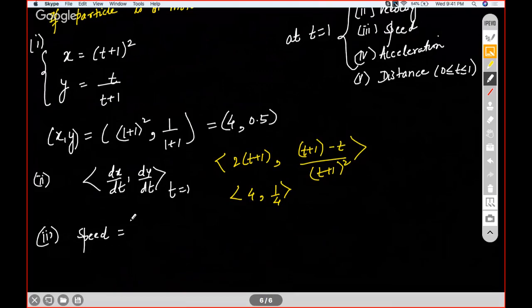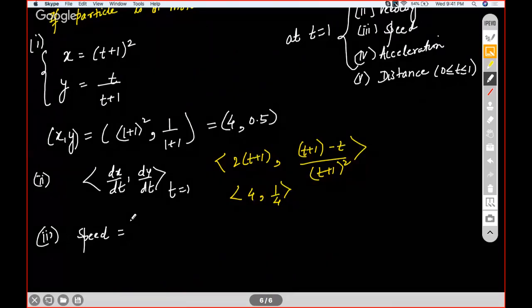Yes. x and y will always be a positive quantity if you look at it. So shouldn't velocity and speed be the same? Velocity is a vector. Speed is its magnitude.